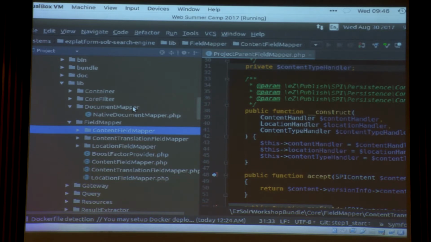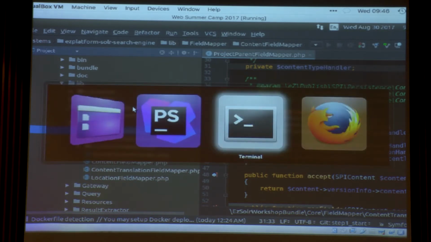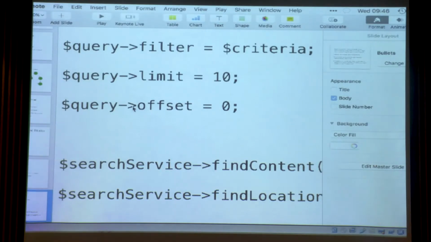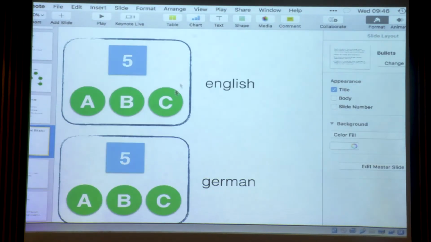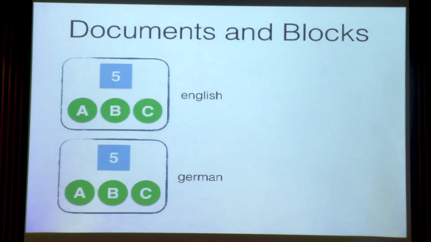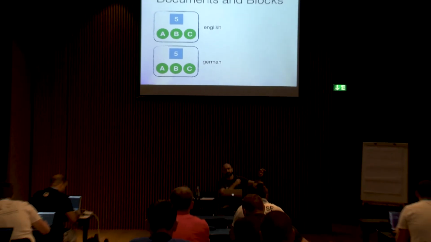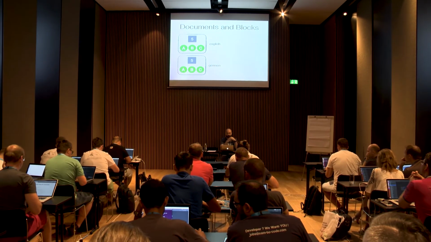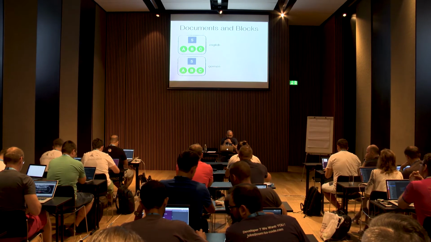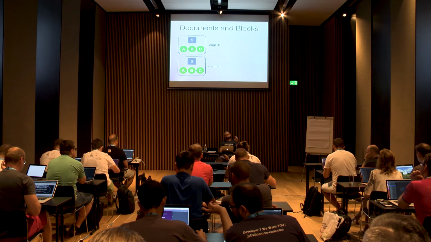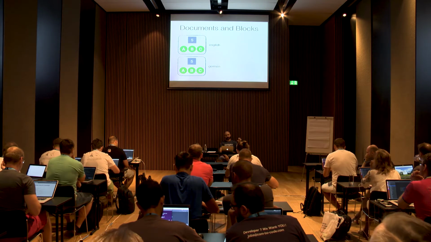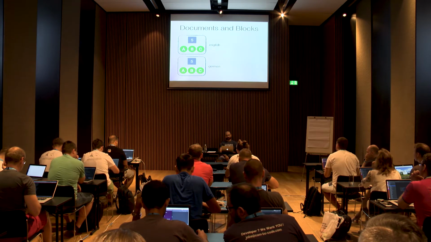Let me get back to the slides. So we have 5 extension points. Of course, we can implement our own field mappers, and we have 5 extension points where we can attach these field mappers to index additional fields with Solr. The first one would be if we want to index some additional fields on all blocks for specific content.